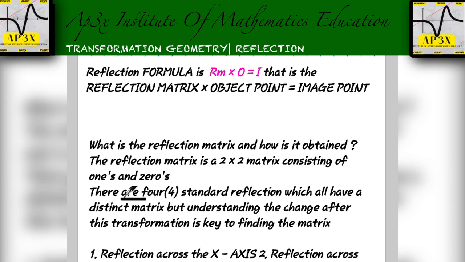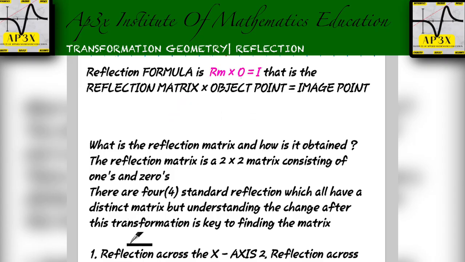Now, there are 4 standard reflections which all have distinct matrices, but the challenge is understanding the change after the transformation. Many students find it a challenge to remember what happens to the coordinates of the image under a reflection in the x-axis, or under a reflection in the y-axis, and so forth.